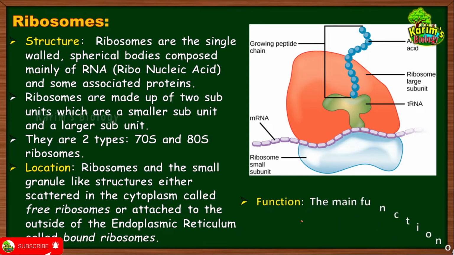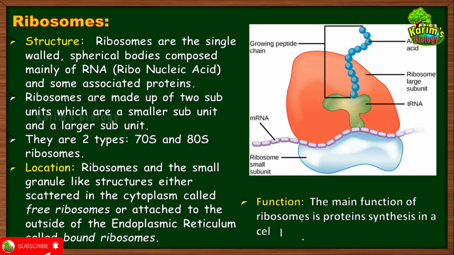Now come to the function. What is the function of ribosomes? The major function of ribosomes is protein synthesis. I told you that endoplasmic reticulum, particularly rough ER, is associated with ribosomes because the ribosomes are attached to the surface of rough ER. And do you remember the function of rough ER? I told you that rough ER is responsible for protein synthesis within the cell.